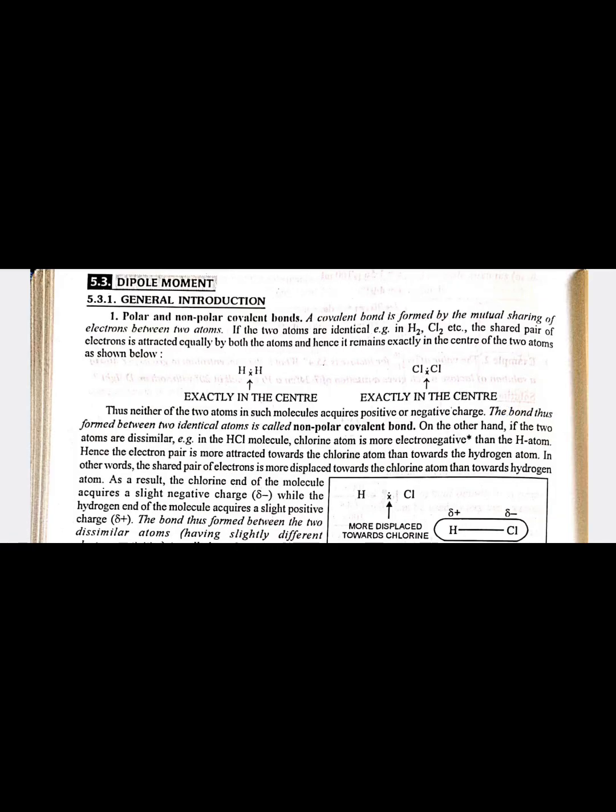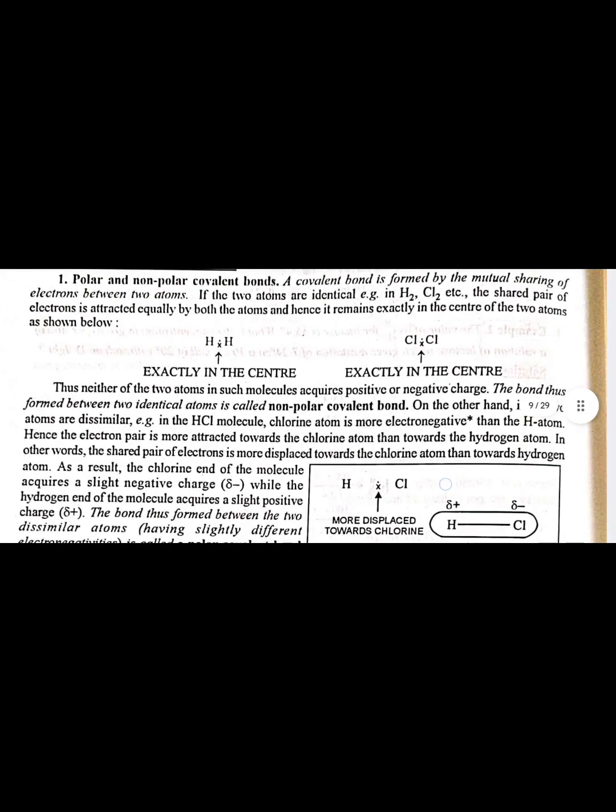Dipole moment. General introduction. Number 1. Polar and non-polar covalent bonds. A covalent bond is formed by the mutual sharing of electrons between two atoms. If the two atoms are identical, for example in H2 or Cl2, etc., the shared pair of electrons is attracted equally by both the atoms and hence it remains exactly in the center of the two atoms as shown below.